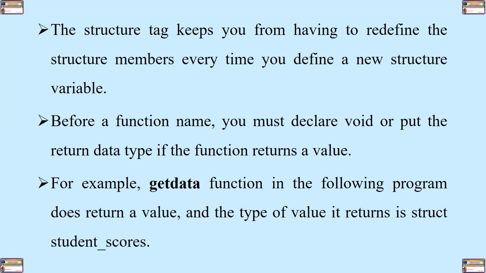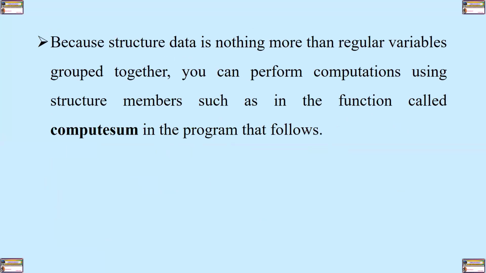So the getData function in the following program does return a value, and the type of value it returns is struct student scores. Remember, the structure that you have defined is already a data type on its own. So the return data type for a function implementing struct is usually struct, other than if it's not supposed to return any value.